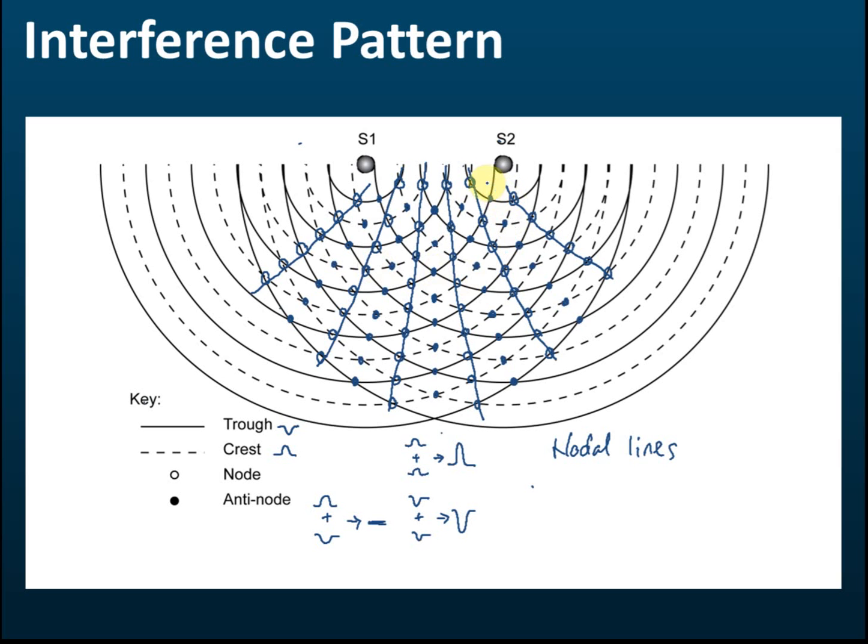And if we draw a line to connect all the antinodes together, the lines that connect all the antinodes together are called the antinodal lines. So these are the nodal lines and antinodal lines from interference patterns.